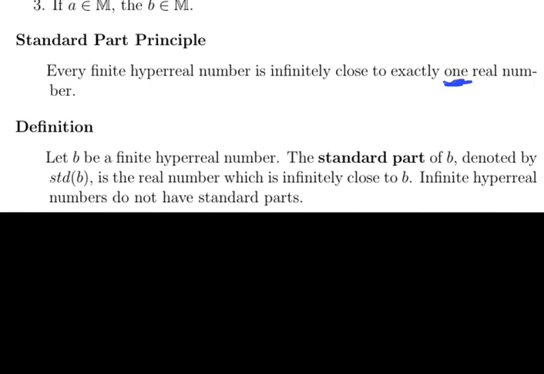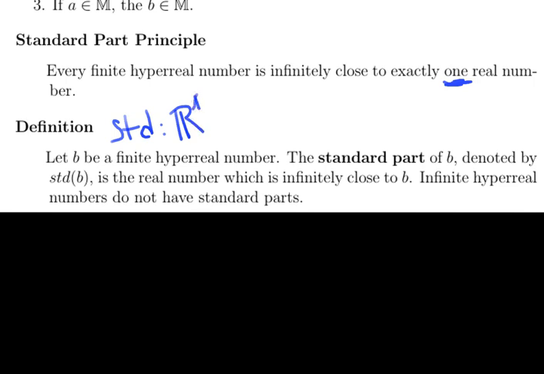And the standard part function says, okay, well, let's take a finite hyperreal number. Since there's exactly one real number that it's close to, we'll just say this function, standard part of b, is exactly that real number. So we see that the standard part function is the first function so far that we've defined that starts in the hyperreals.